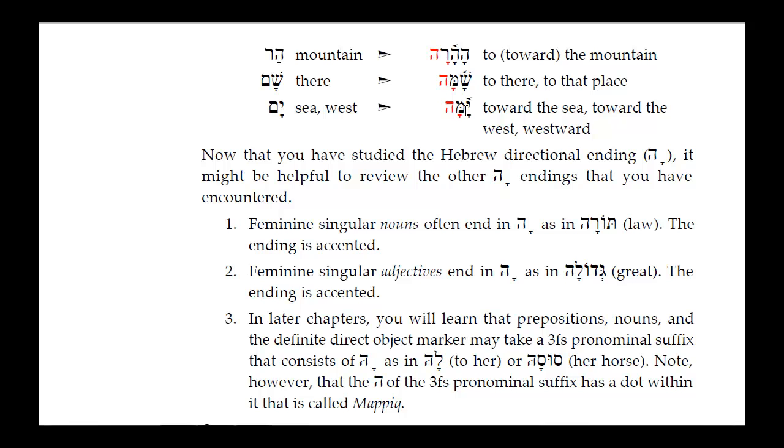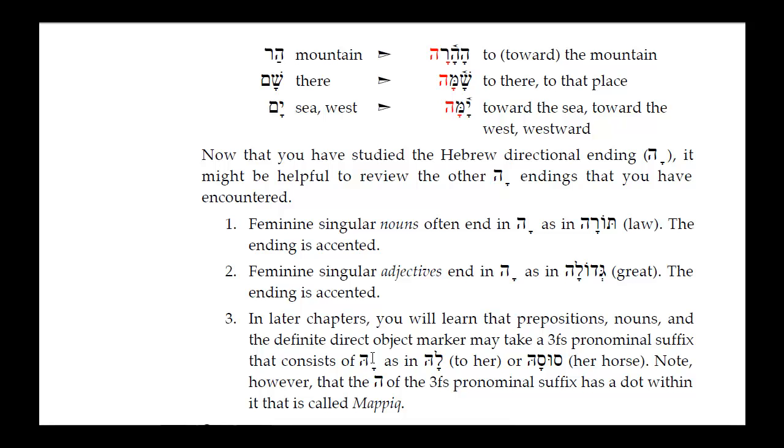In the last chapters, you will learn that prepositions, nouns, and definite direct object markers may take a third feminine singular pronominal suffix, which we haven't gotten into yet, that consists of a common hey with a little dot in the hey. That dot is not a dagesh; it's what they call a mapik.